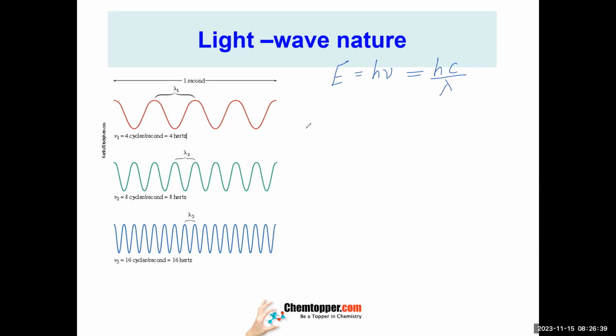If energy is high, energy, which in this case C has very high energy, what happens to frequency? Is it high or low? And what happens to lambda? If energy is high, frequency is, yes children? Are they direct or indirect?